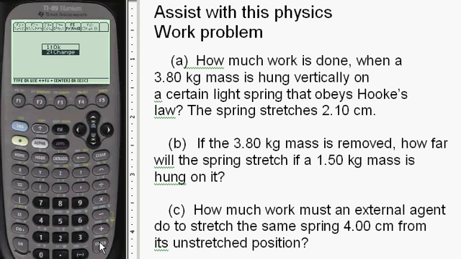I say it's okay. Number 1. And we find the weight of the object by multiplying the mass times the gravity, and it turns out to be 37.28 newtons. This is the only force on the spring, so this is the applied force also, right?